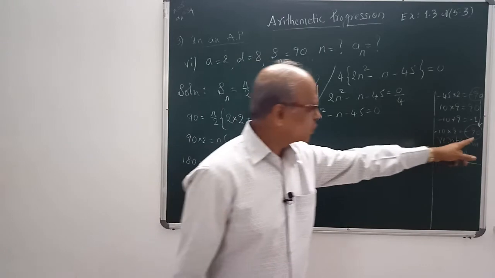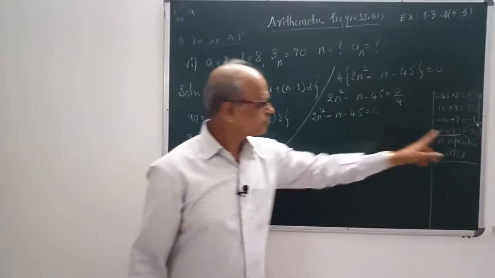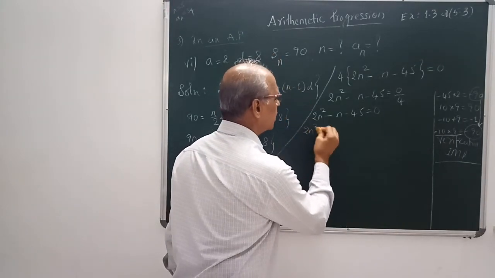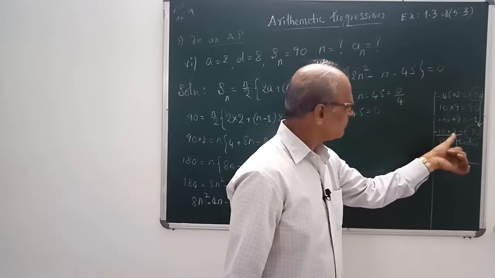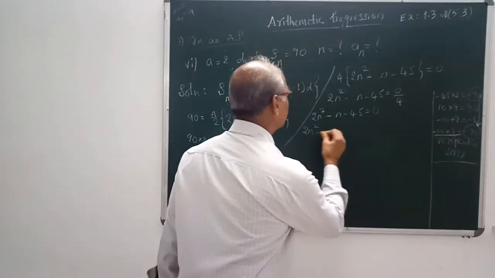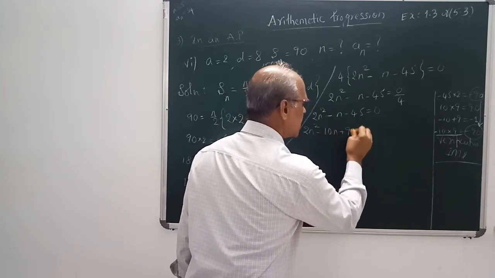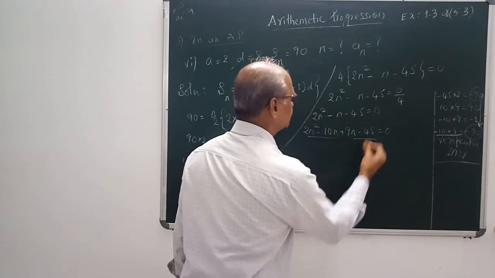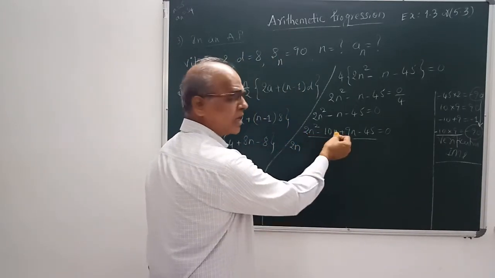Okay. Now once you know these are our factors, you have to split the middle term according to these factors. That is 2n square minus n can be written as minus 10n plus 9n. That means 2n square minus 10n plus 9n minus 45 is equal to 0. Now you group them. What is common here? 2n is common, n square and n.